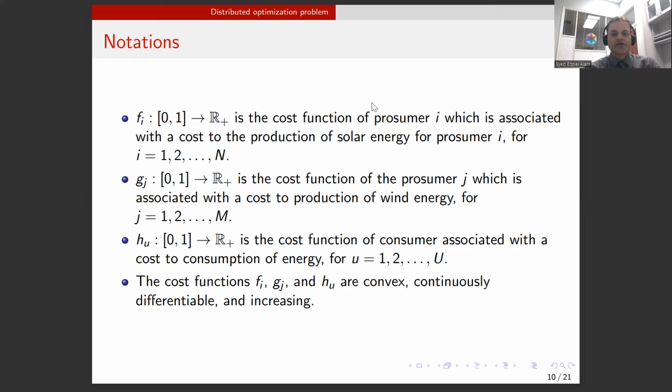Similarly, the cost of the prosumer j with wind turbines is G_j, which is mapped from [0, 1] to R plus, and H_u denotes the cost function for the consumer, which is mapped from [0, 1] to R plus. Notice that the cost functions are convex, continuously differentiable, and increasing. This is our assumption on the cost functions.